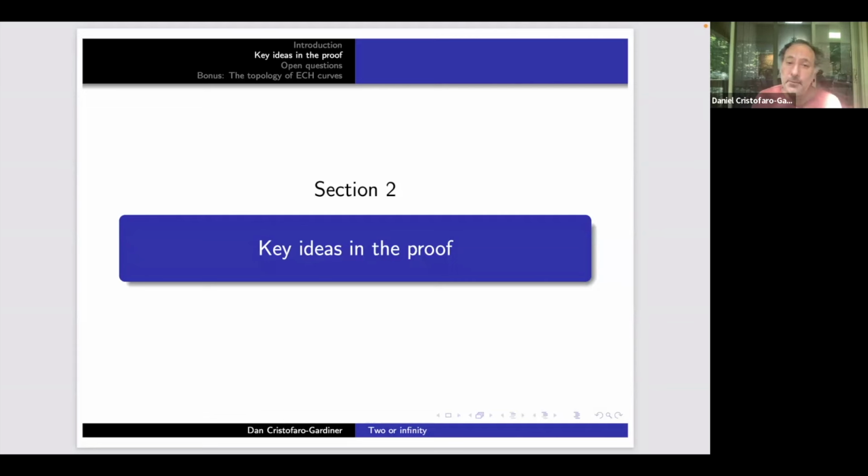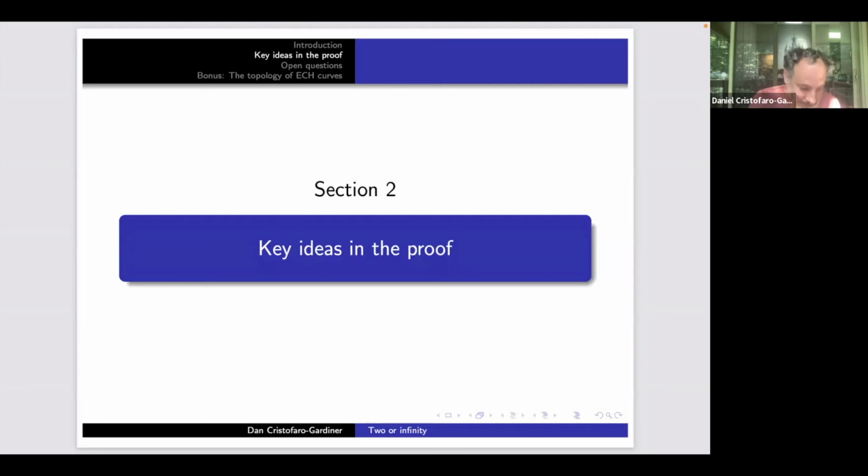So now, for most of the remainder of the talk, I want to tell you how to actually prove this theorem. Again, the theorem says that you can actually deal with the degenerate case, but at the expense that you have to assume that the contact structure is torsion.